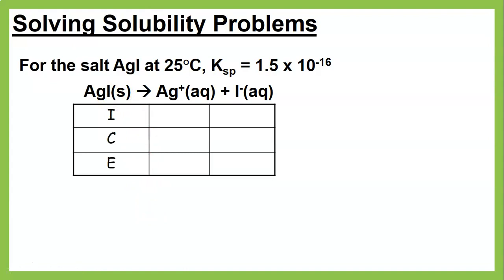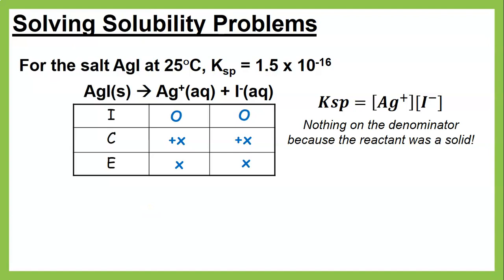It doesn't really matter. When we start, we don't have any that has dissolved. Nothing's dissociated yet. We're going to get plus X. Makes this nice and easy. If I want to write an equilibrium expression, you'll notice that my silver iodide is not there because it is a solid.